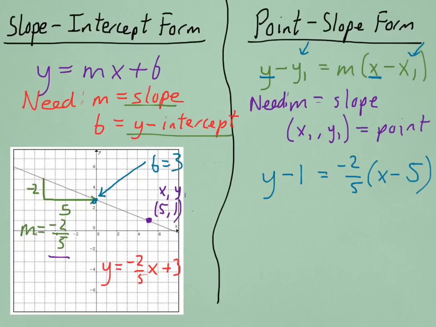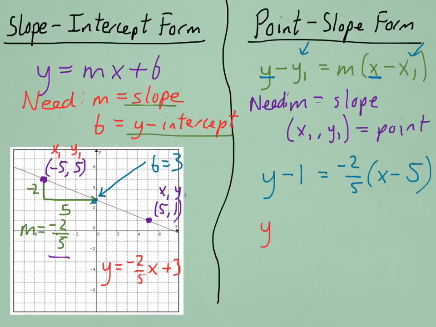Okay, but I said you could use any point, right? So maybe I could use this point. The coordinates of that point are (-5, 5). Let's write the equation of that line. It's the same line, really. So if I were to do that, this would be my x1 here, my y1 there.